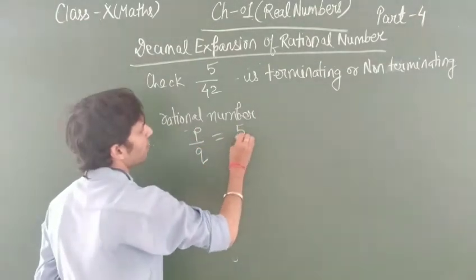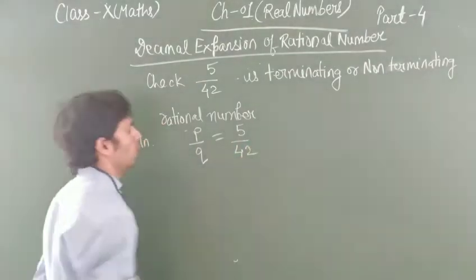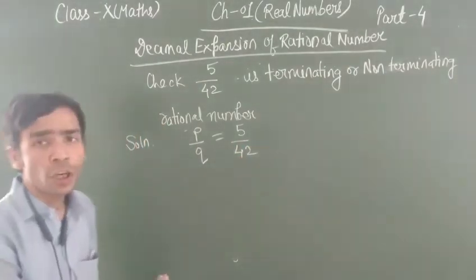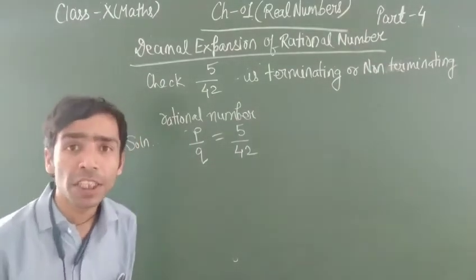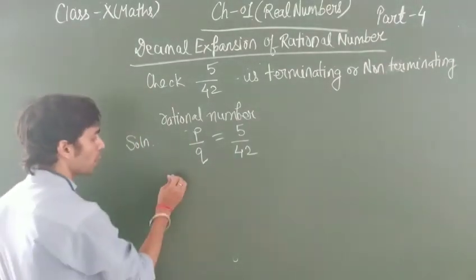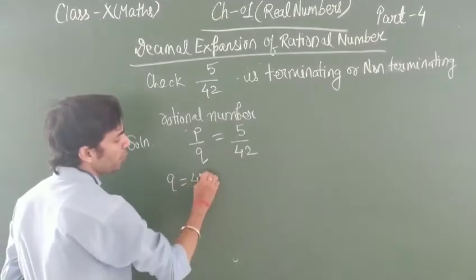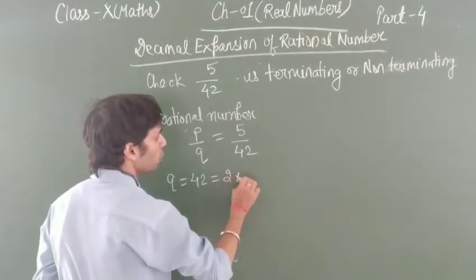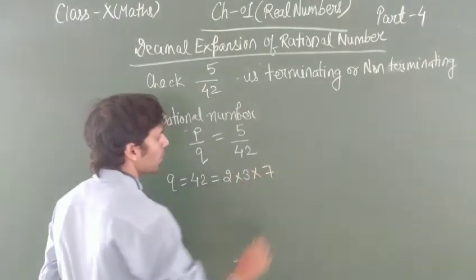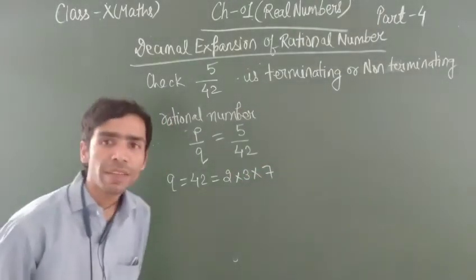So it is 5 upon 42. Okay. Now the denominator is 42, so we have to do the prime factorization of the denominator. So q is 42, and when we do the prime factorization of 42, we will get 2 into 3 into 7. 2 into 3 into 7.